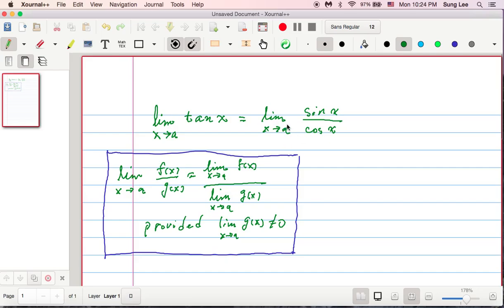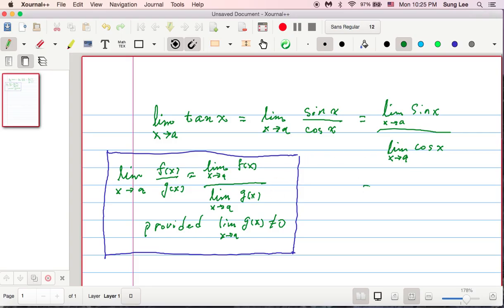But let's say, assuming the limit of cosine of x is not equal to 0, using this property, this will be the limit of sine of x when x approaches a all over the limit of cosine of x when x approaches a.